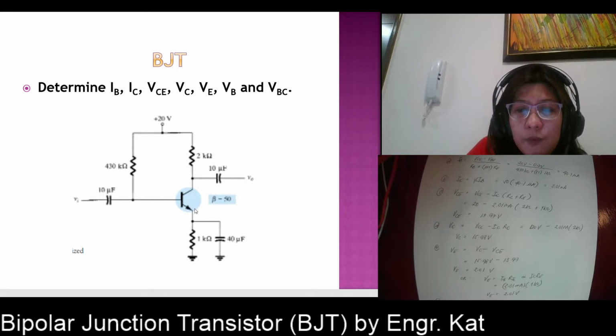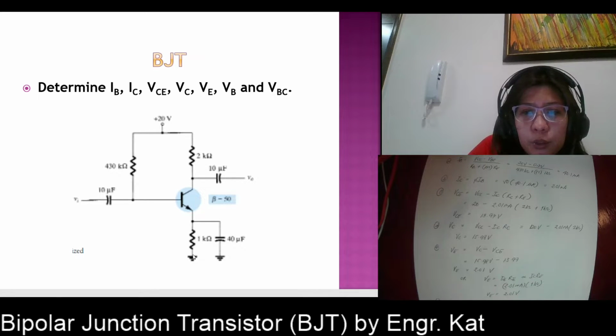Where is VE? VE is the voltage from the emitter going to the ground. So what is the voltage that you are seeing from the emitter going to the ground? That is the voltage across your emitter. And what is the voltage across your emitter? The current flowing across your emitter multiplied by your emitter resistance.